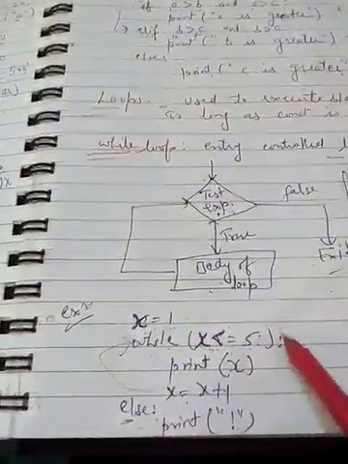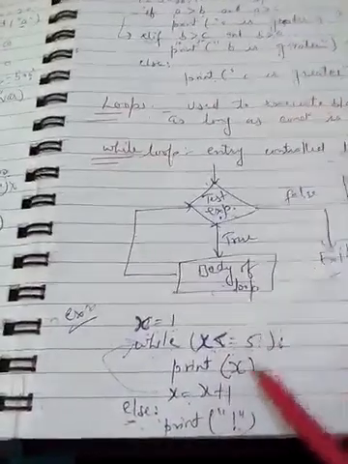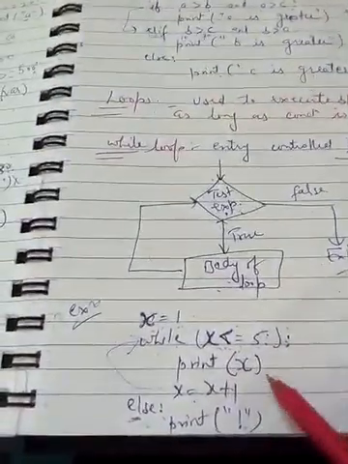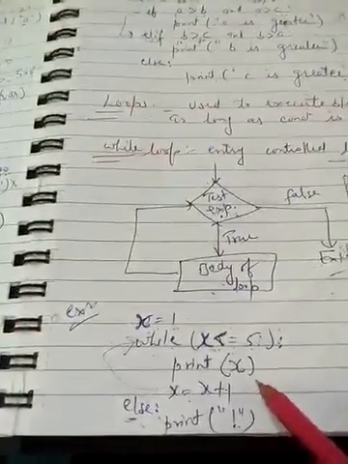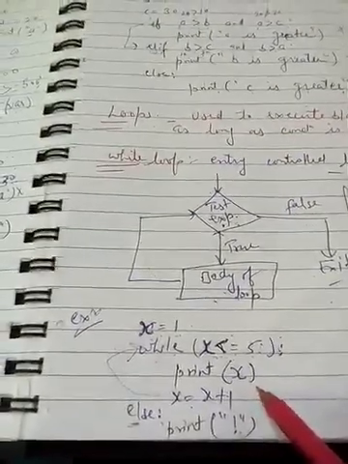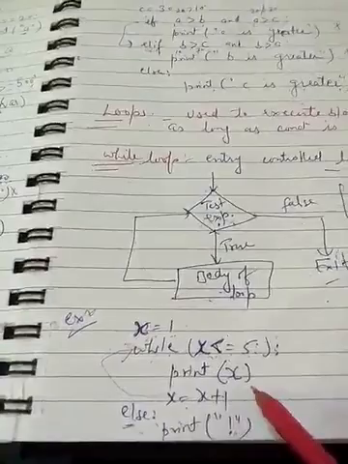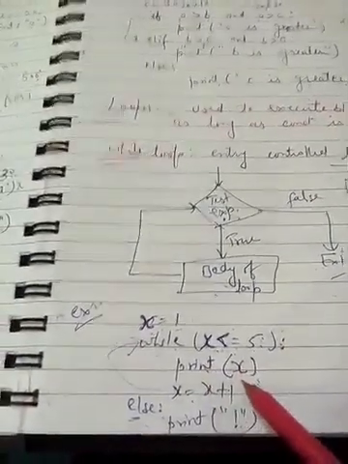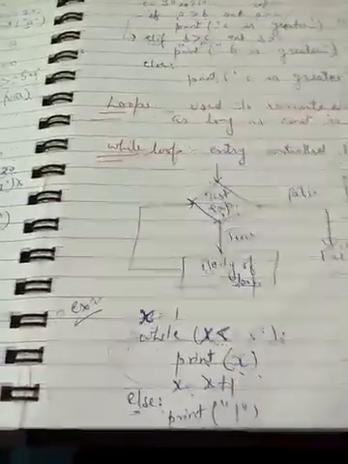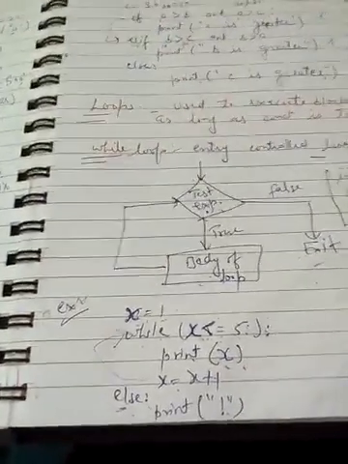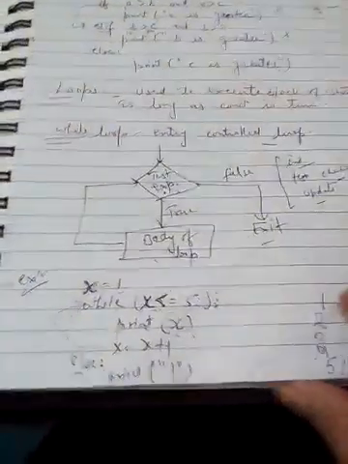Then the colon declares a block, and the block can contain a single statement as well as multiple statements as your program demands. Here we have to print x. x is a variable, we are not printing it as a character, so it will take the value 1.